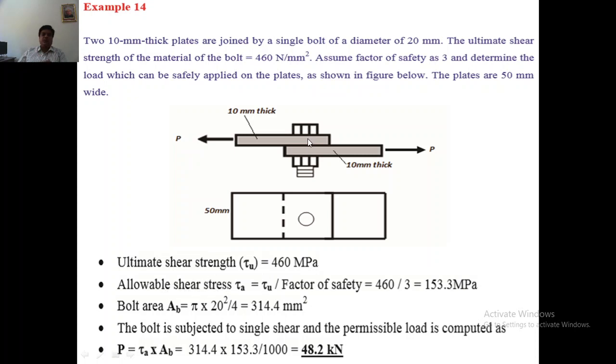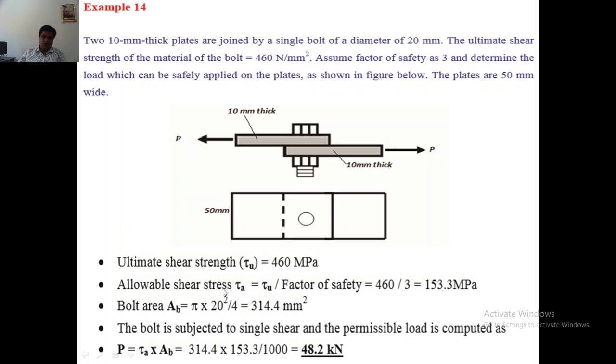Usually we don't design the material for its maximum strength. We reduce the strength of the material by some factor called the factor of safety, which in this case is 3. So you have to reduce the strength of the material by dividing by 3, and we get 153 megapascal.